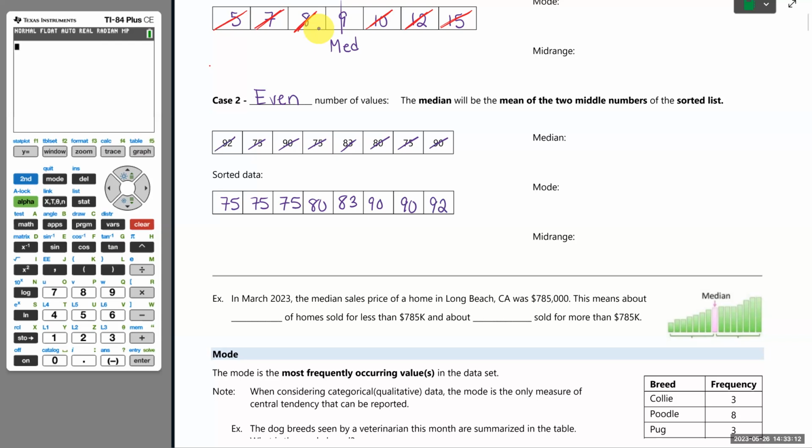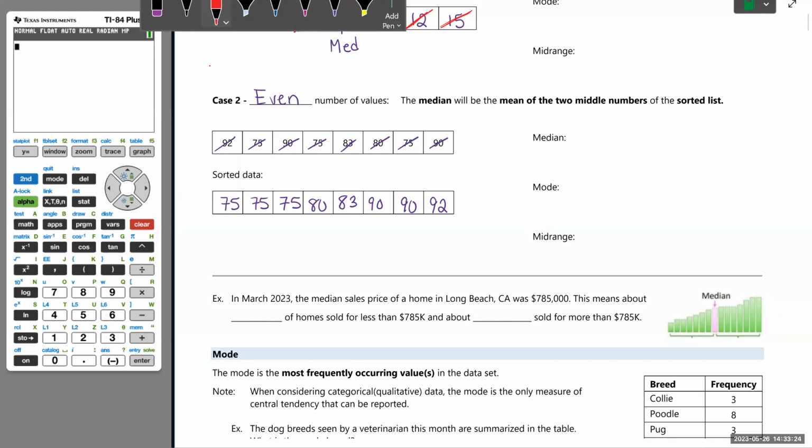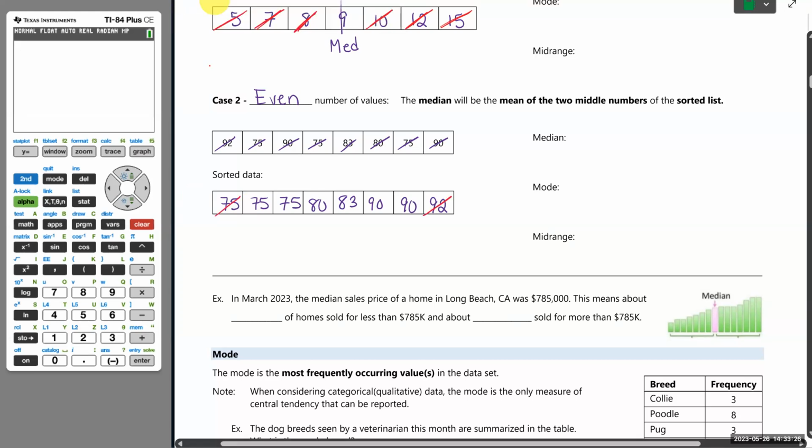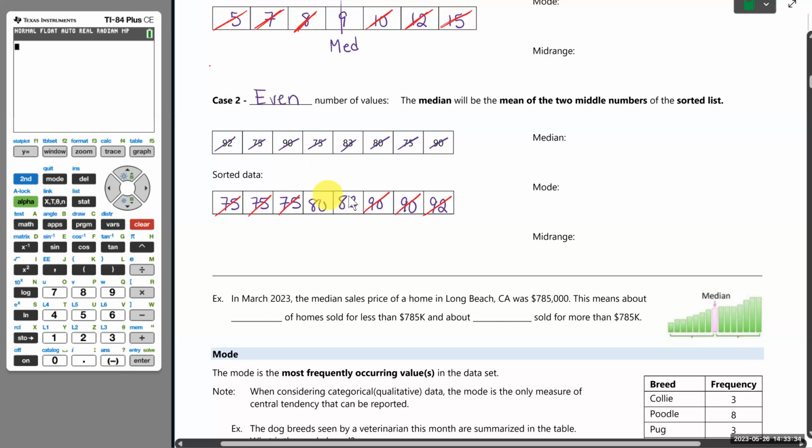Okay, so when we have an even number of data values and we go to the center of that list, I'll do my technique of crossing off the ends. Let me do that again to get me to the middle. If I cross off the extremes, high and low, do it again, do it again. Now this time, when I get to the middle, I'll actually have 2 numbers in the middle of the list.